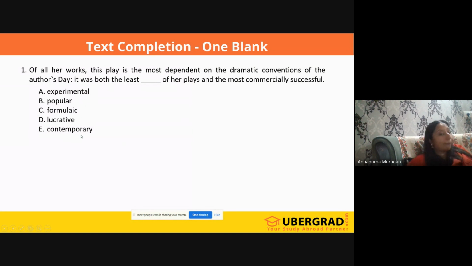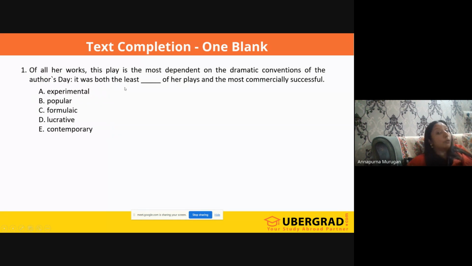Contemporary, what? Happening to the time. If it is least contemporary, if it is not related to the present time, but here what are they saying? It is more of present time because author's day here. So it cannot be least contemporary, isn't it? So therefore, what is the answer that we need to have?